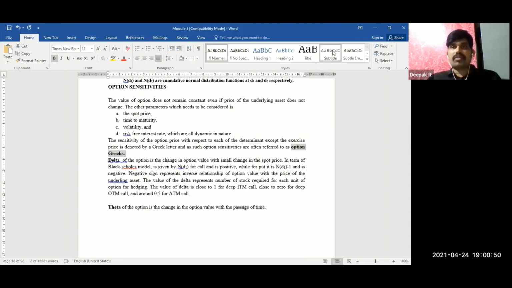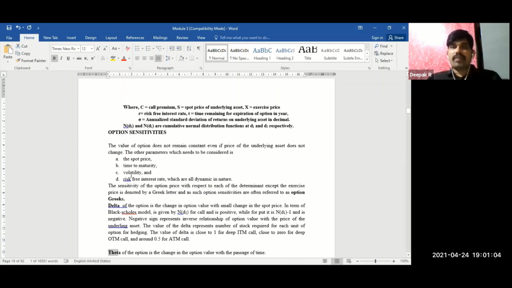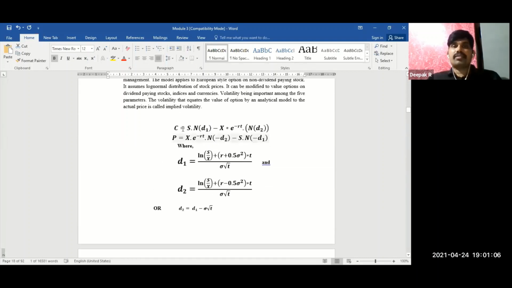So if you come across the term option Greeks, there are various things like delta, vega, theta, and rho. If you come across these terms, it just means they are trying to say how the premium prices are affected by these values.